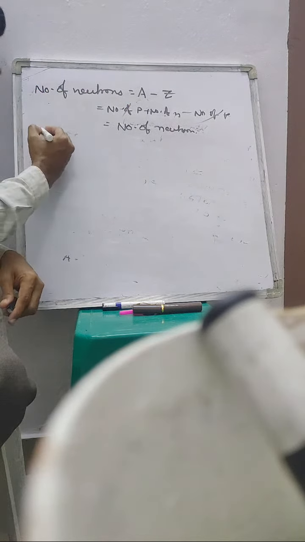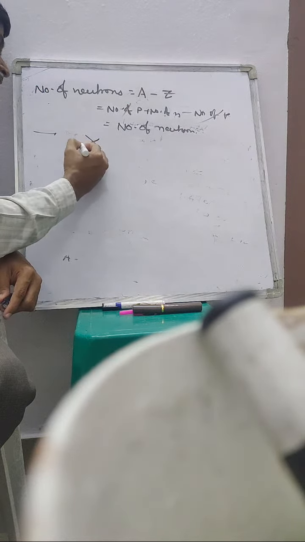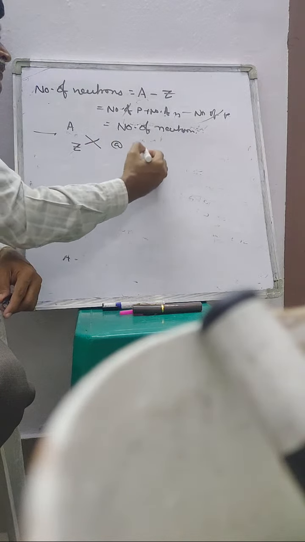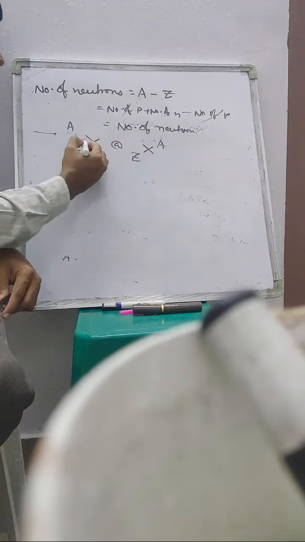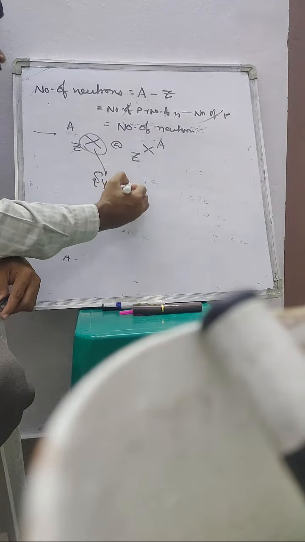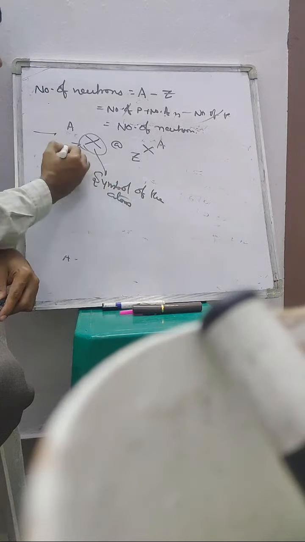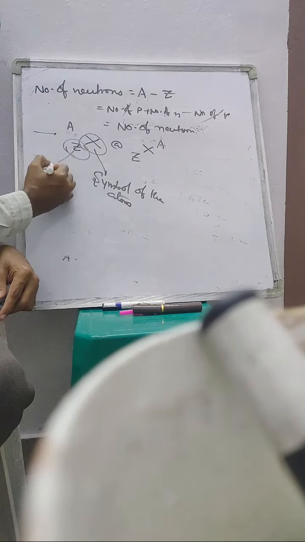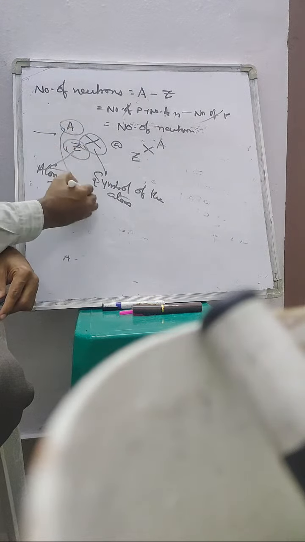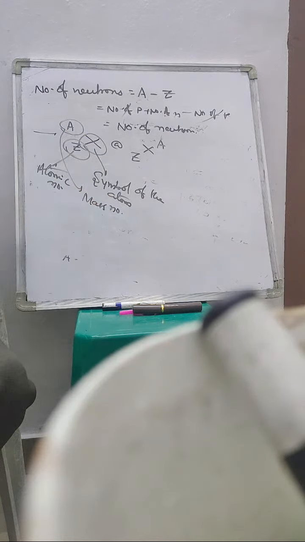And we know that an atom is generally represented as Z X A. Here X corresponds to the symbol of the atom, Z corresponds to the atomic number, and A corresponds to the mass number.